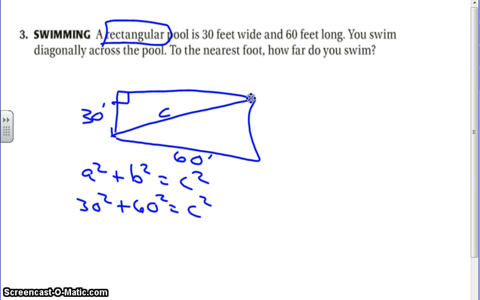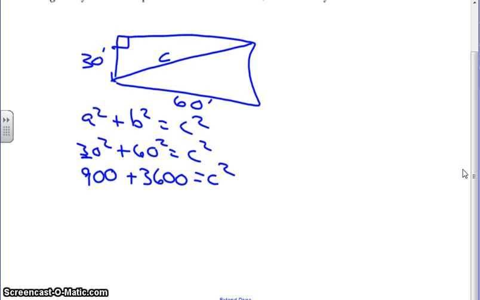30 squared is? It's just 3 squared and then 10 squared, right? So that's how you do that. 60 squared is? 3,600, good. And when you add 900 and 3,600, you get? Say it. Good, 4,500.